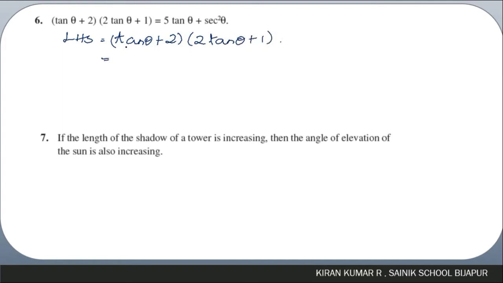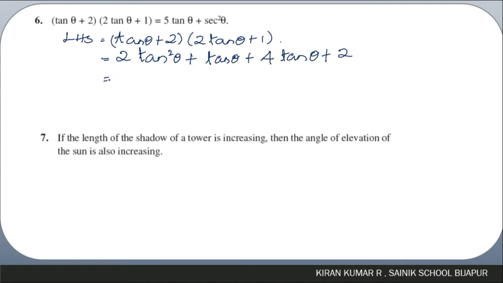I can multiply this tan theta to both the terms, and plus 2 multiplied to both the terms. What do I get? If tan theta is multiplied, I'll get 2 times tan square theta plus tan theta, plus 4 times tan theta plus 2.